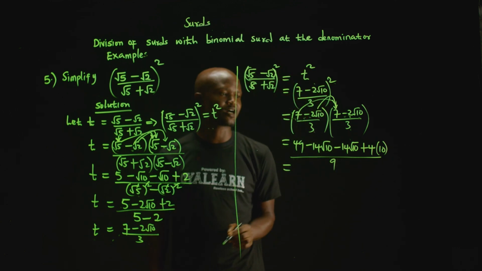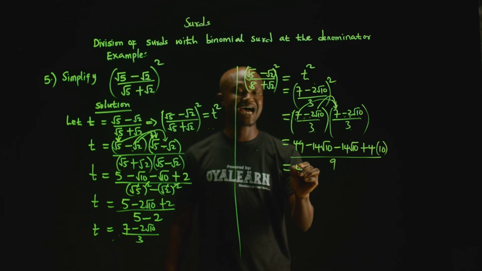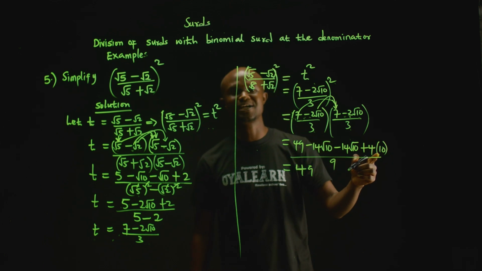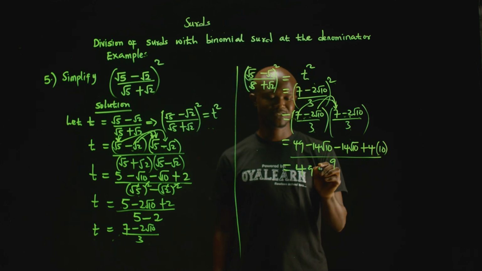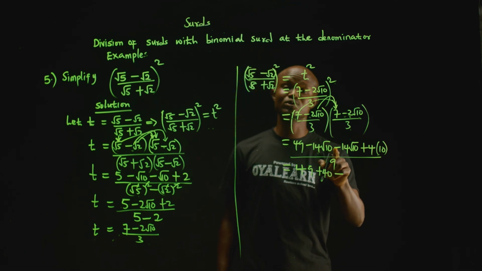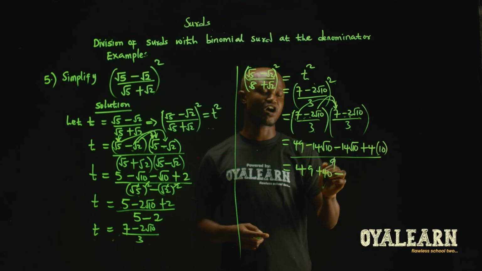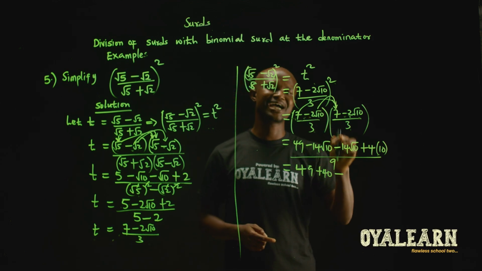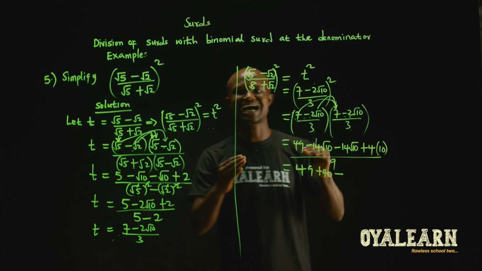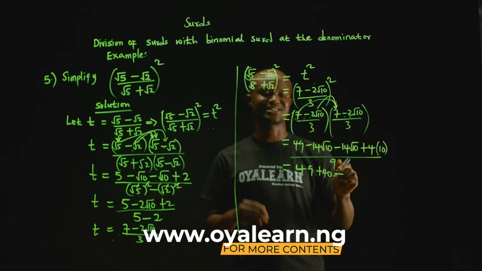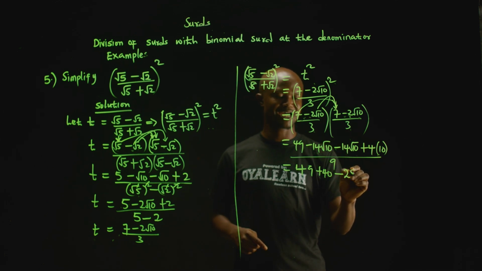So this is equals to what? 49 plus, now we can bring in this: 4 times 10 is 40. Then −14√10 − 14√10. You can see they are like surds because they have the same number inside the square root. Hence, we can add and subtract them. So −14 − 14 is −28, so here we have −28√10.